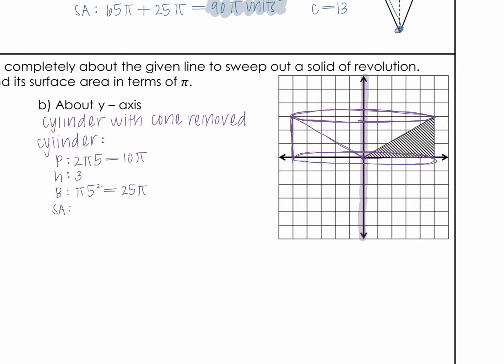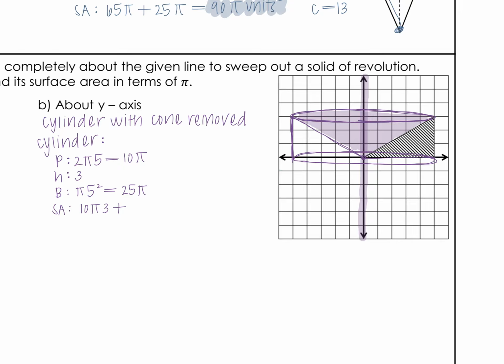So plugging into it, we have our P, 10 pi, times my H, my height, 3, plus, technically it should be 2B. But if you remember up above, I mentioned this is a cylinder with a cone removed. That means that up here, this is going to be a nice little hole in my cylinder, which means I really don't have 2 bases in it.